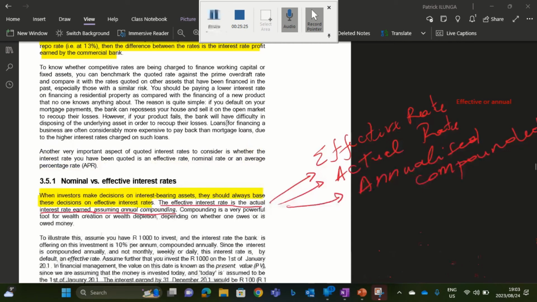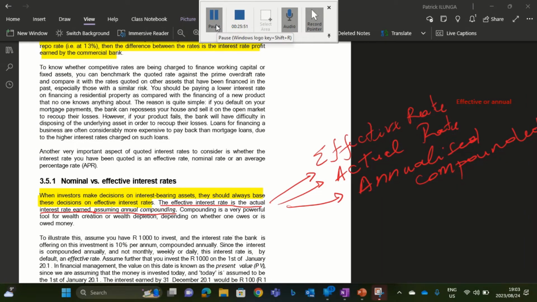But what interests us here is to understand these rates. Obviously, a bank can quote you a rate, but for you to understand really what that means effectively, like we said, when they're quoting you a rate, we call that a nominal rate.